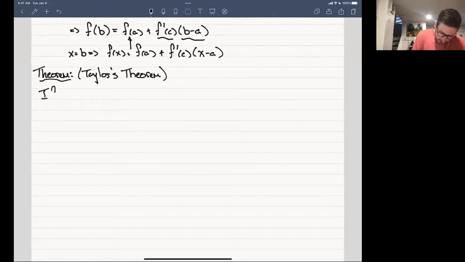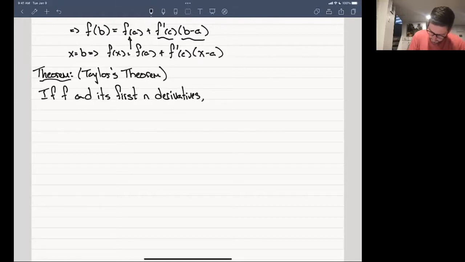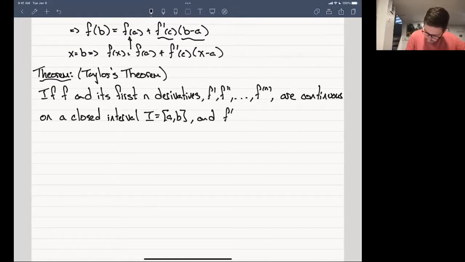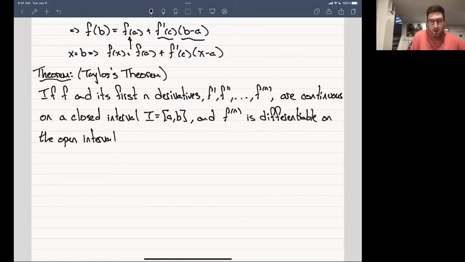We say if f and its first n derivatives, so that's f prime, f double prime, all the way up to the nth derivative, are continuous on a closed interval I, where I stands for interval, equal to, let's say, a to b, and the nth derivative is differentiable on the open interval a to b.